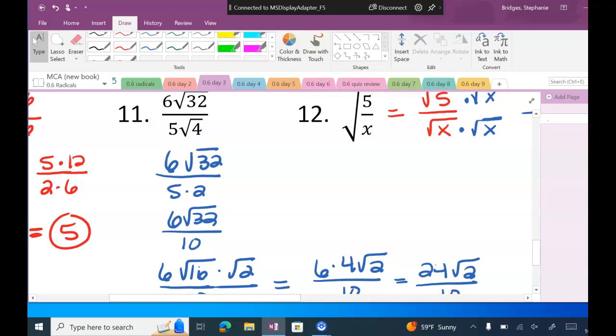Can I divide those both by anything? 4. So that would turn into the square root of 8 and the square root of 1. 8 can be split. That gives me 6 times 2 times the square root of 2 over 5, which is 12 square root of 2 over 5.